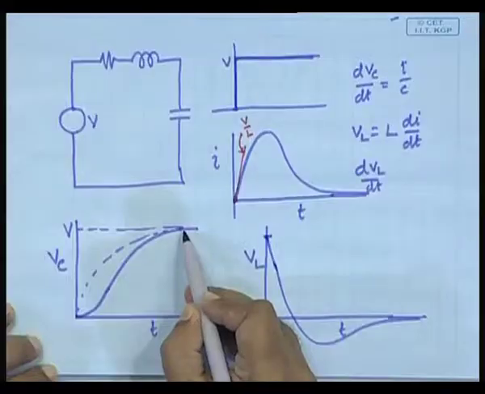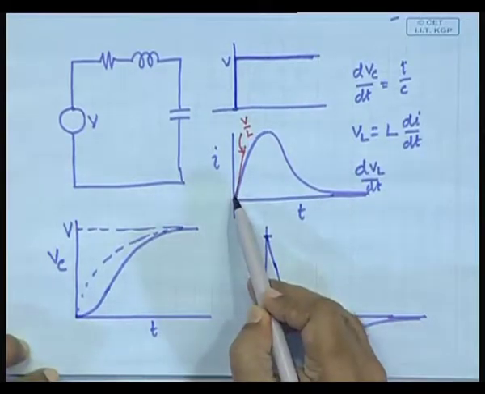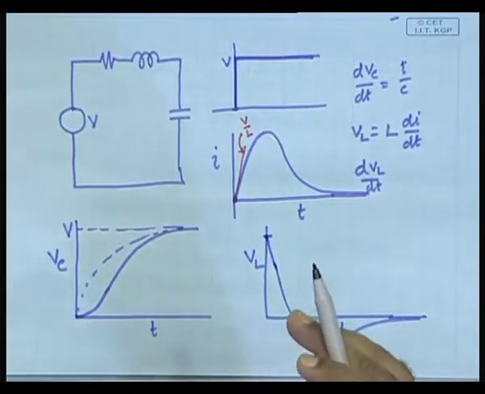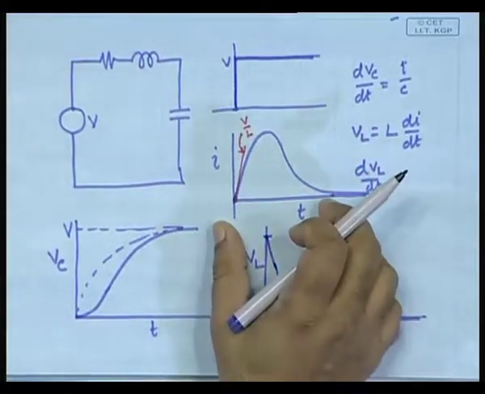But now, notice this and let you try to argue out what will be the time constant or the concept of time constant in this case. Notice here it is rising like this, here it is rising like this. This is actually a combination of, not only two time constants, a combination of exponential functions.